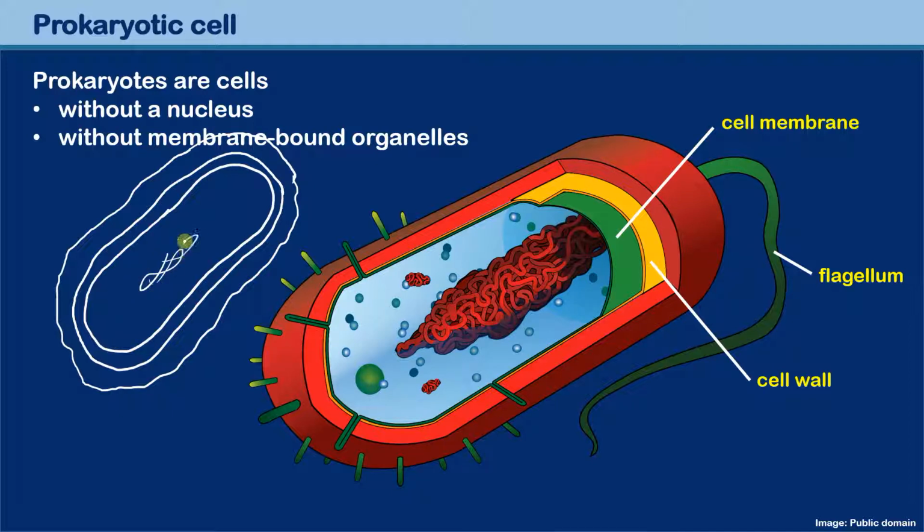Inside the cytoplasm we have the naked DNA. Actually, it's a loop. It's a closed loop. We have some plasmids floating around. We have ribosomes in here. These are my ribosomes. You have extending from the cell membrane inside here these spikes, and we don't call them spikes.